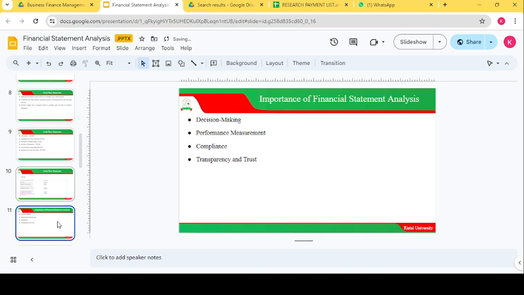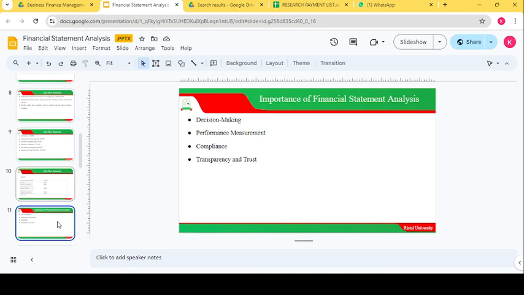We also have performance measurement. This provides a historical record of the company's financial performance, which helps to assess profitability, efficiency, and also financial health.